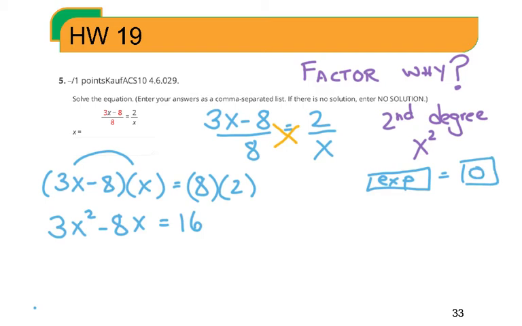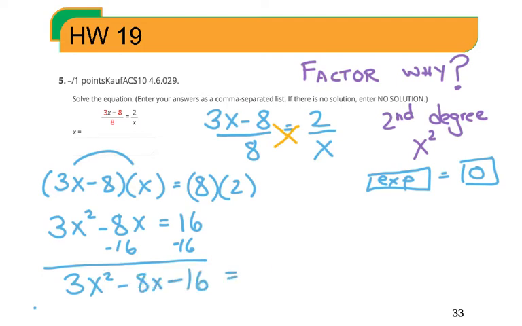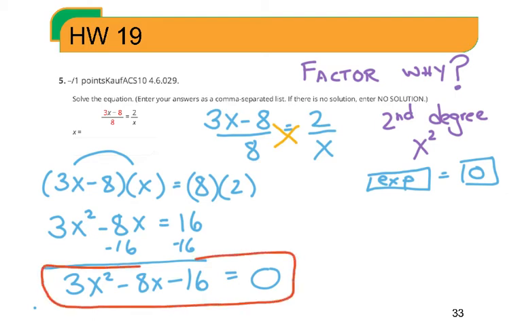So we do that by subtracting 16, and I'll have 3x squared minus 8x minus 16 equals 0. So now here comes the fun part. We have to factor this.